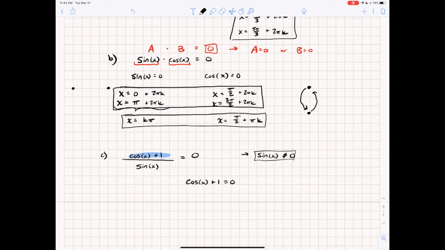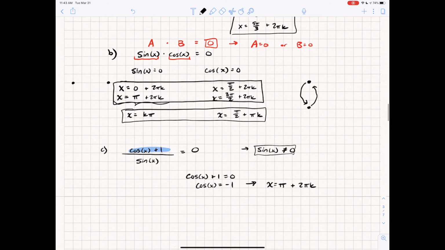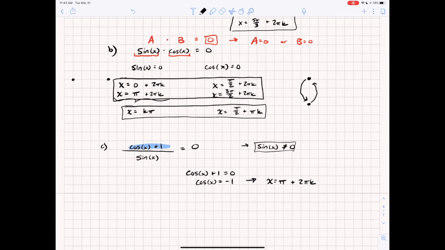So I have cosine of x plus 1. I subtract the 1 over, and I know cosine of x is equal to negative 1. This only occurs at pi, and every point from that is coterminal, so plus 2 pi k. Now, this is kind of ridiculous, because notice at every pi, what's true?